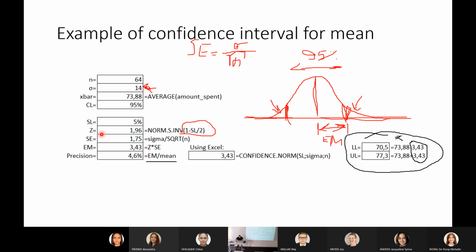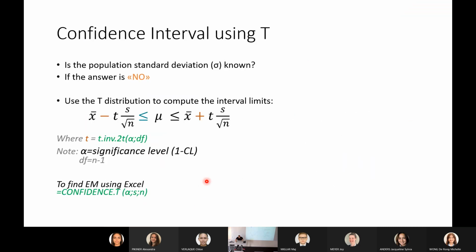Because the standard deviation of the population was given. Now it's not, so we can't have Z. We must have the T, and the T is calculated by T.INV.2T. What does 2T mean? It just means two tails, right?